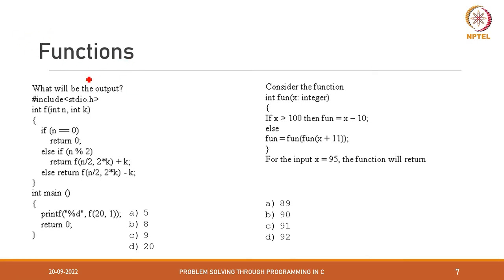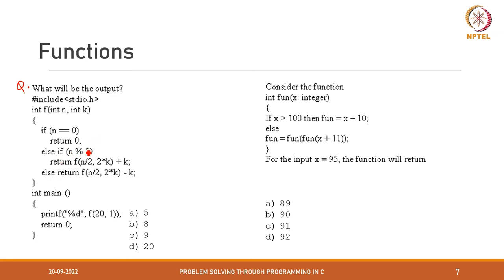Okay, so the first question that we have is, we have a function which takes two inputs, and under certain conditions it returns a certain value that is mentioned here. If n is 0, then it returns 0. If n percent 2, that is there is a remainder here.